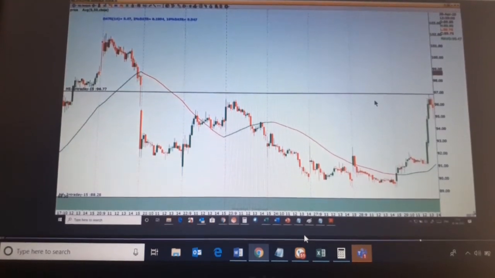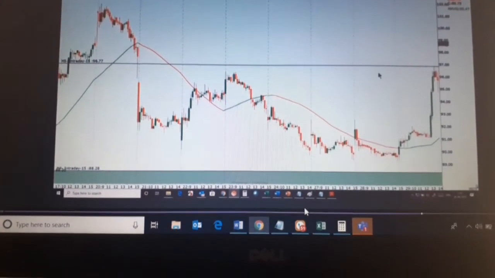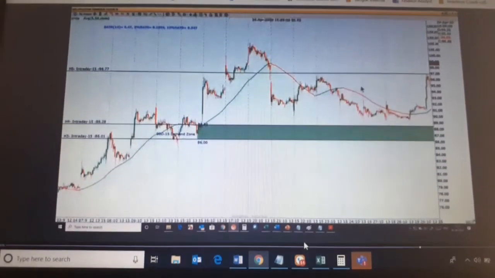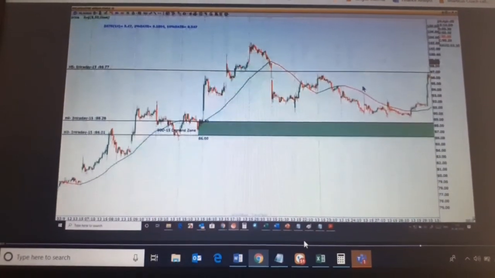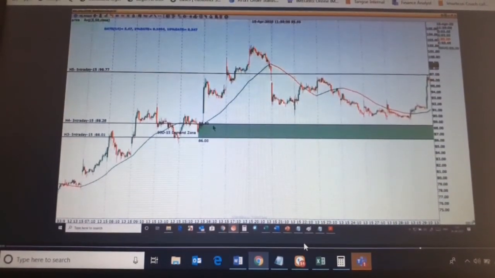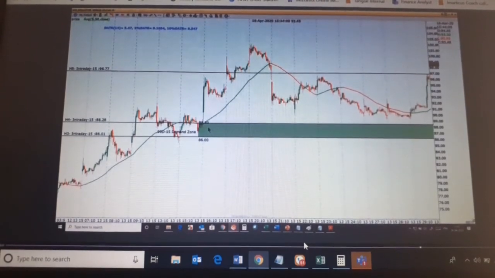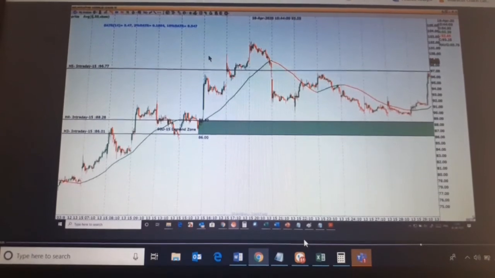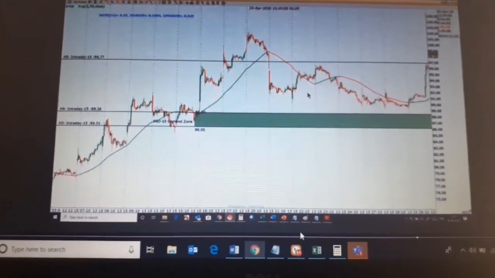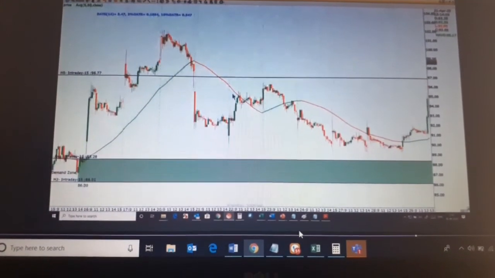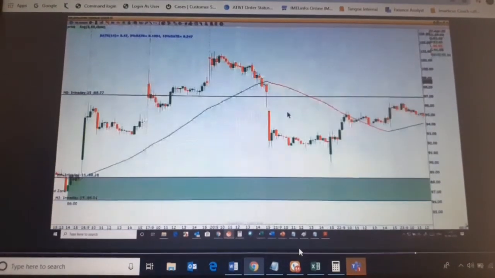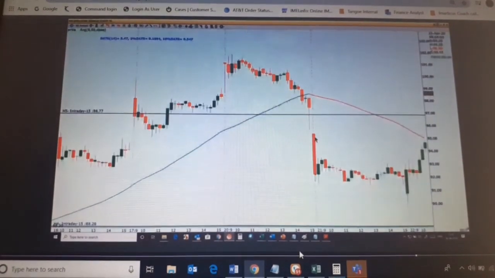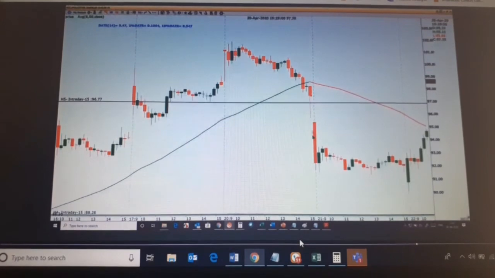So you have to find the very fresh demand zone which is closer to the price. Do you see any demand zone closer to price other than this, where there is an exclusive move to the upside also? Madhuri, can you see over here? I have a sharp move over here to the downside.